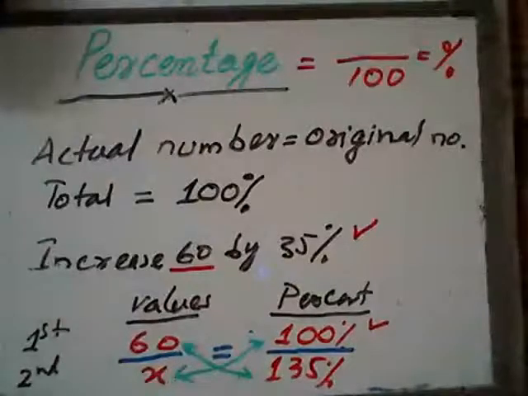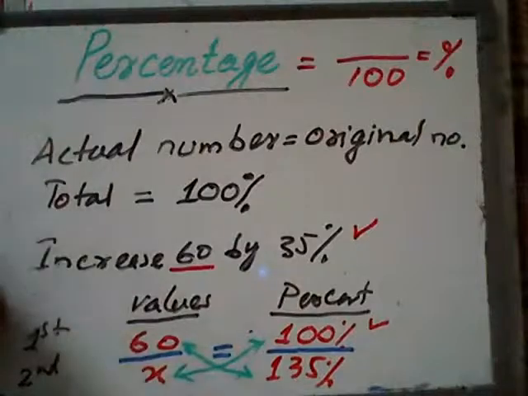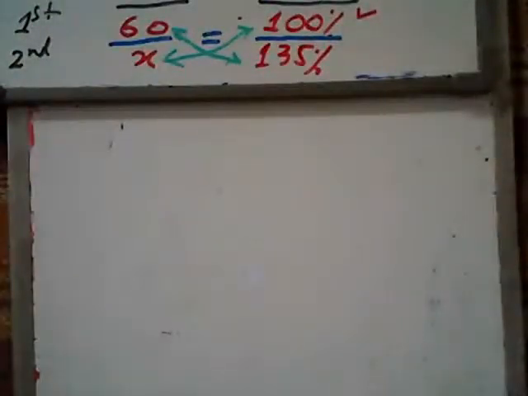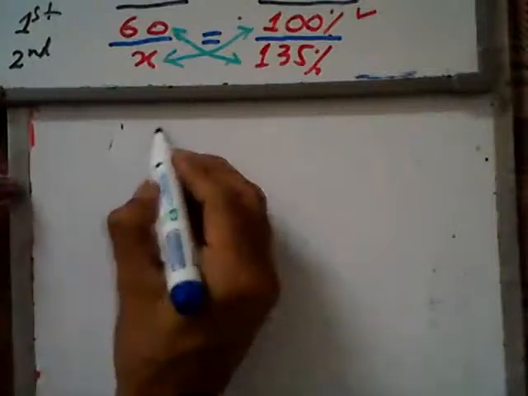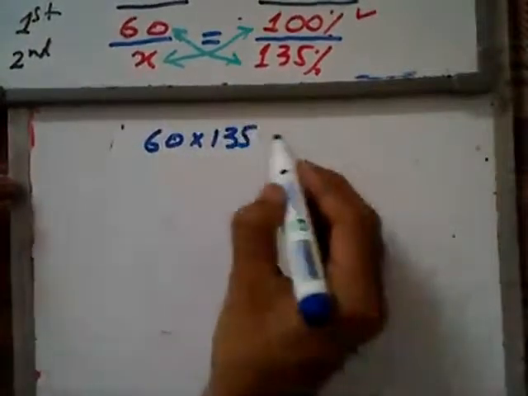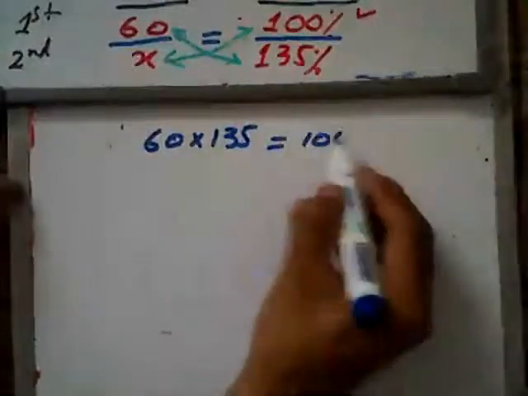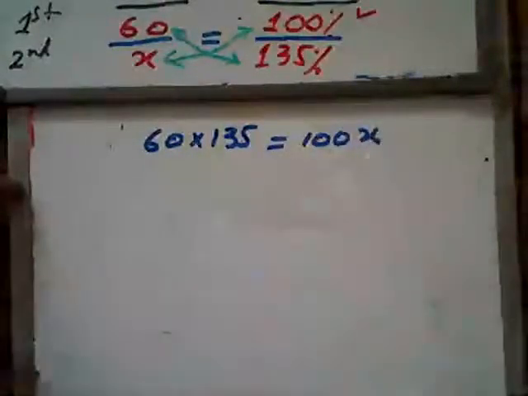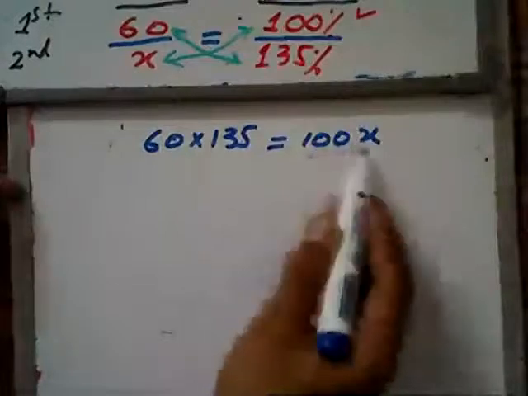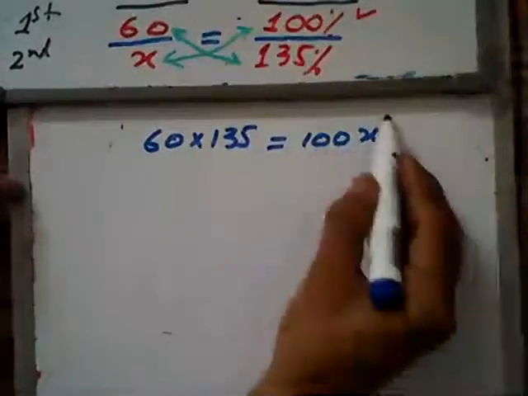So what comes then? It gives us the result as 60 multiplied by 135 is equal to 100x. Now we don't need 100 with x because we need to find the value of x.